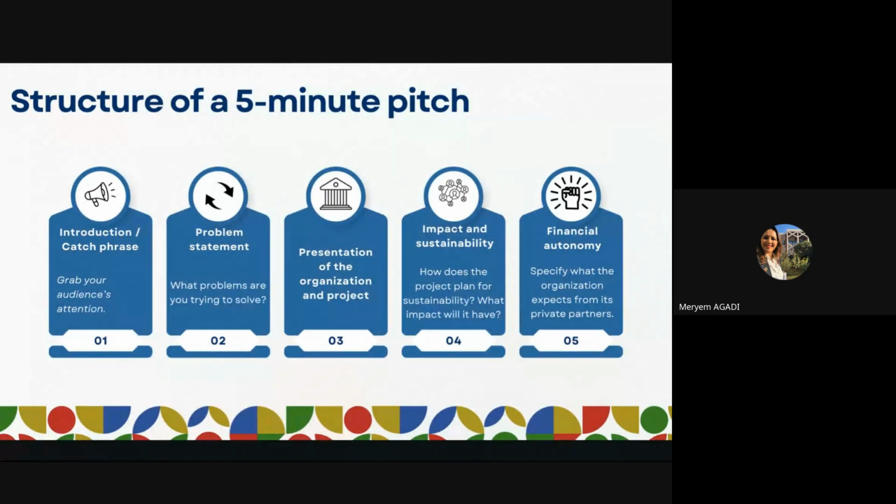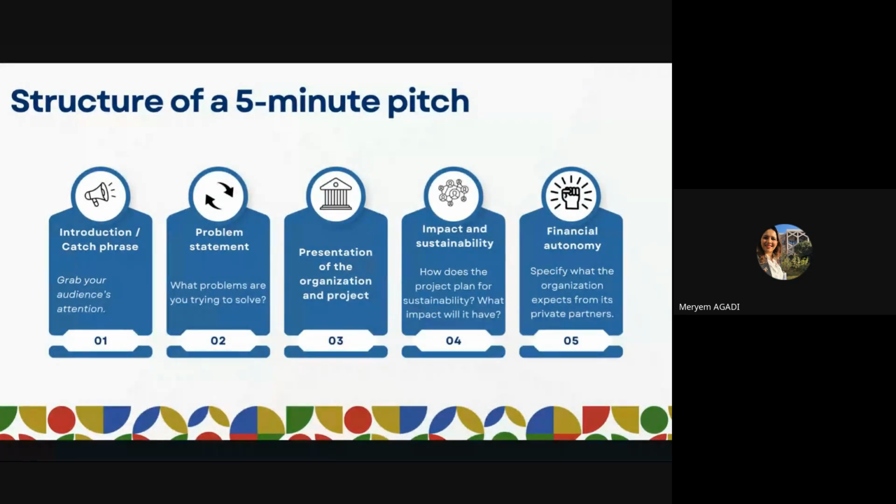And here we implement the solution. What kind of solution or solutions are you suggesting? And then the impact and the sustainability of your project. How is the project plan sustainable? What impact will it have on the communities?